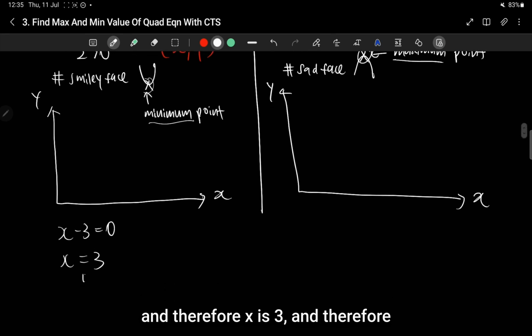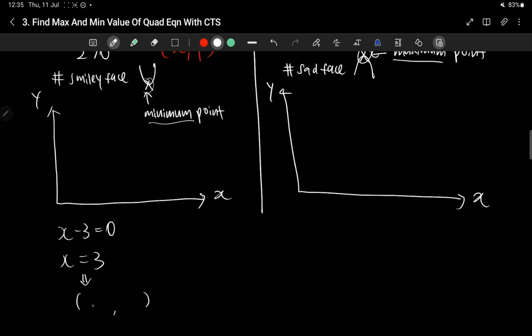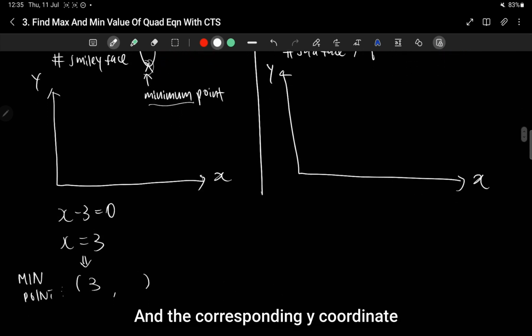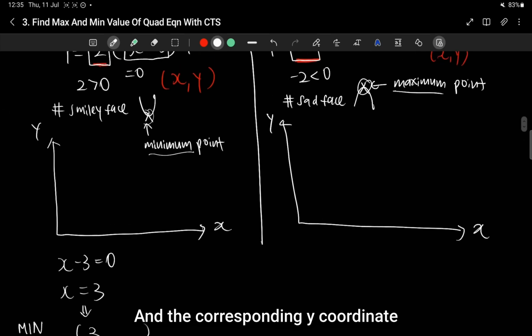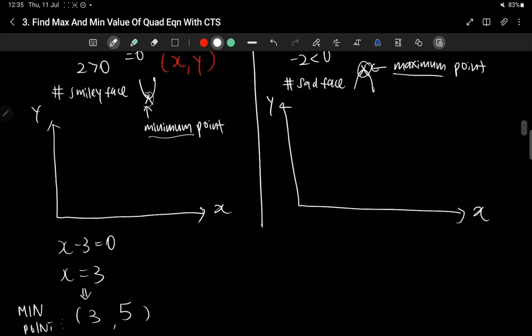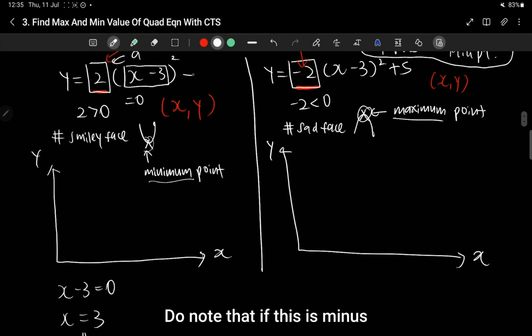And therefore, the x coordinate of the minimum point is 3. And the corresponding y coordinate is just this number over here. So it's 5. Do note that if this is minus 5, then you will take minus 5.